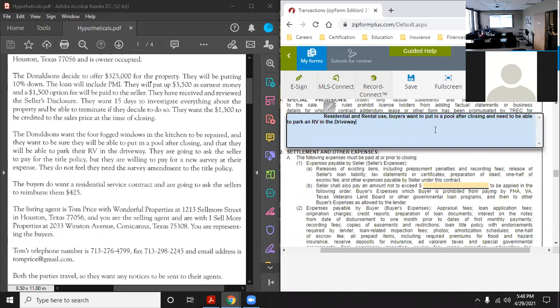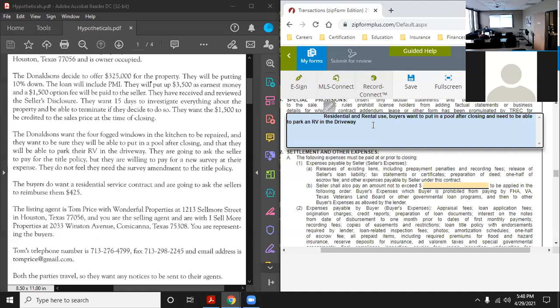Now the reason you wouldn't want to put a pool in and need to be able to park an RV in the driveway there is that, while that's stuff you might request and you think that might be special provisions, if that doesn't come about, what do you want to happen? If they were not able to park an RV in the driveway, you would want to be able to withdraw from the transaction.